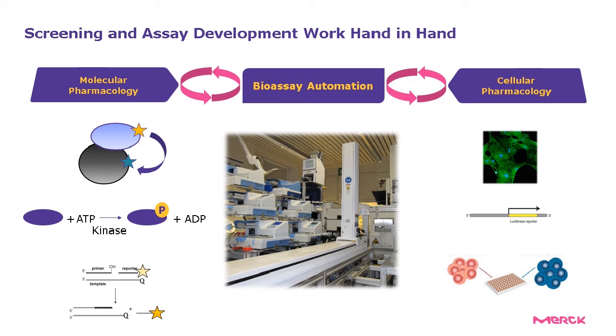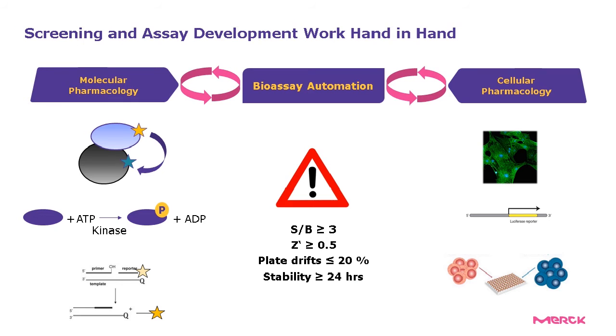To run a high throughput screening, of course, molecular pharmacology and also cellular pharmacology, we have to work hand in hand with our bioassay automation group to make sure that all these assays are in line with our quality standards. And these are depicted here. So in all of our assays, we want to have a signal to background ratio of more than 3.